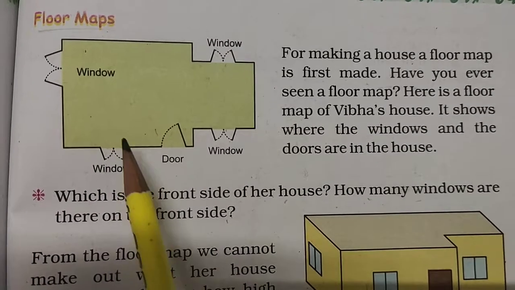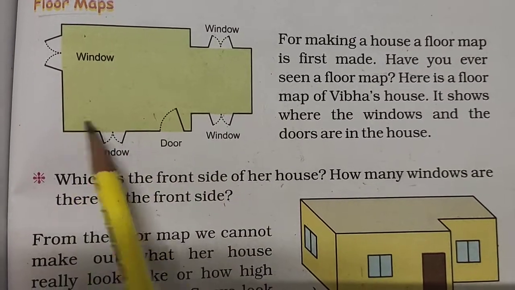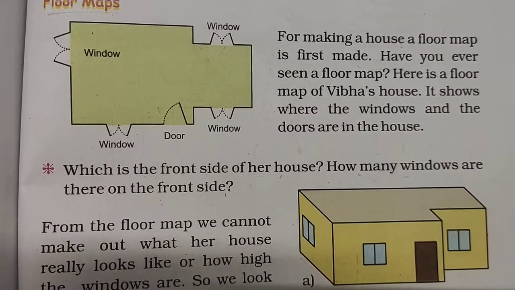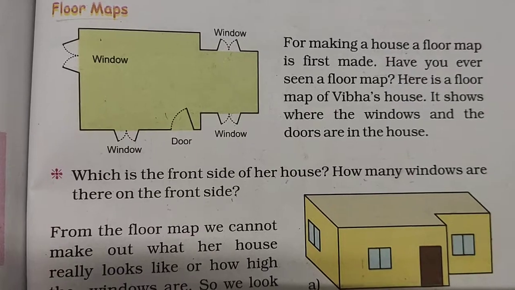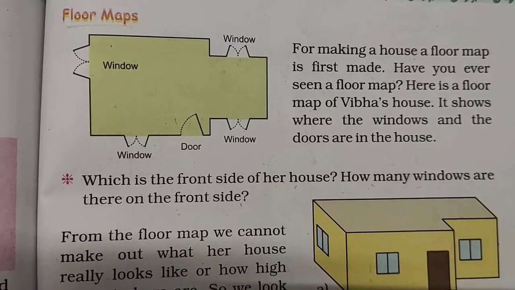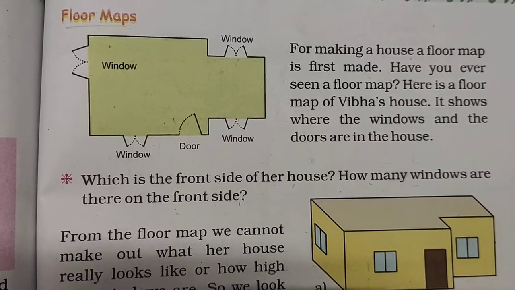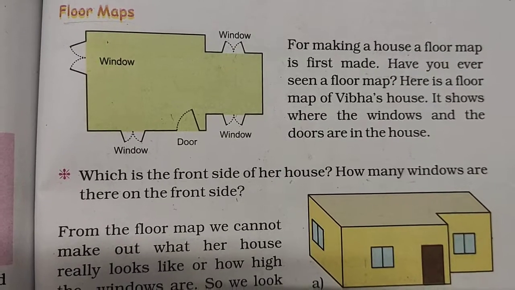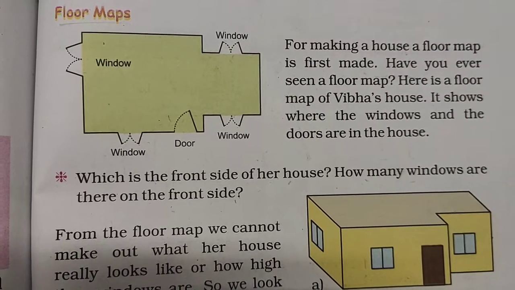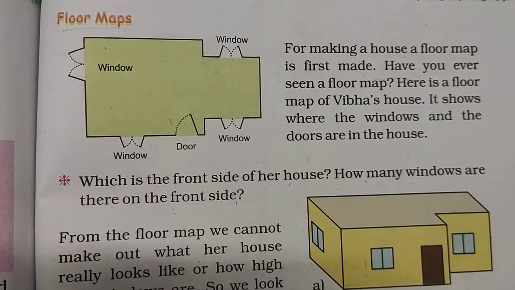Look children, when we are considering the front side, first of all we are supposed to look for the door. In our house, on the front side we will have the door, and on the back side also we may have a door, but no house will be without a door in the front, isn't it?